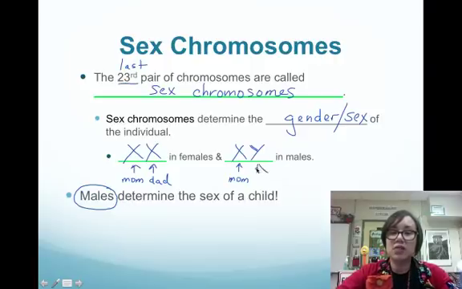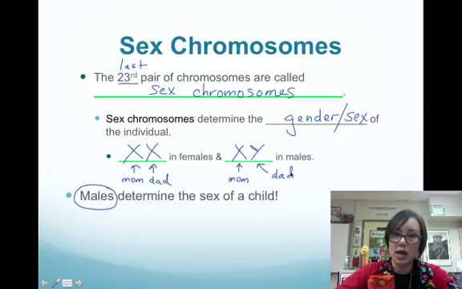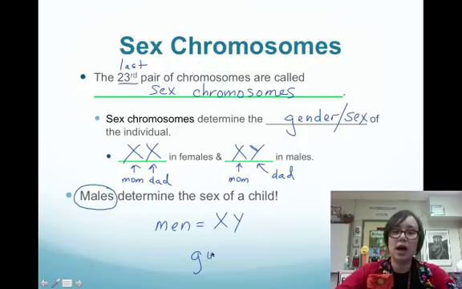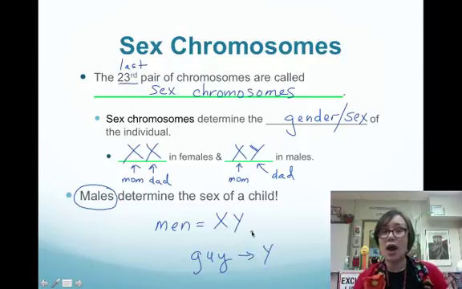But dad, instead of giving you an X, gave you a Y. An easy mnemonic device to remember that men are always XY, so that you'll know what your sex chromosome pair should be, is to think guy Y. So guy Y, so you'll never forget your sex chromosome pairs for females and also for males.